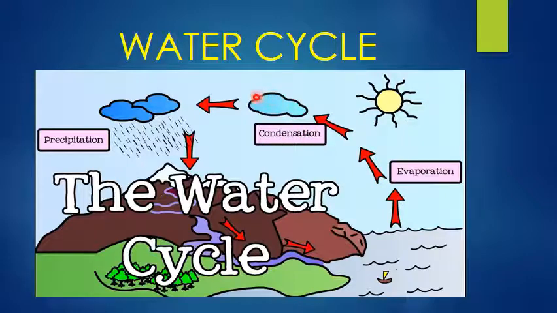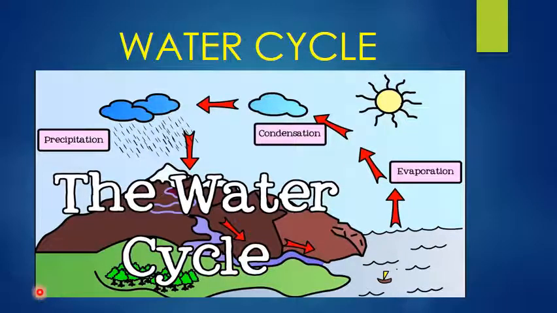And when these clouds grow heavier, they come down again in the form of rain to the earth, and this is known as precipitation. So the three major steps are evaporation, condensation, and precipitation.